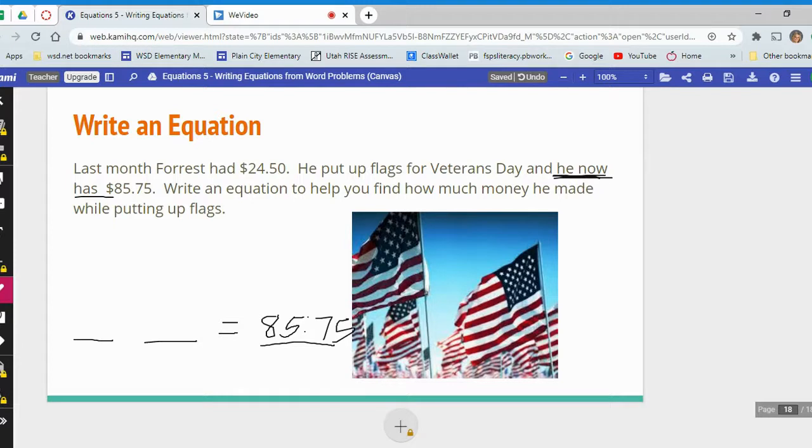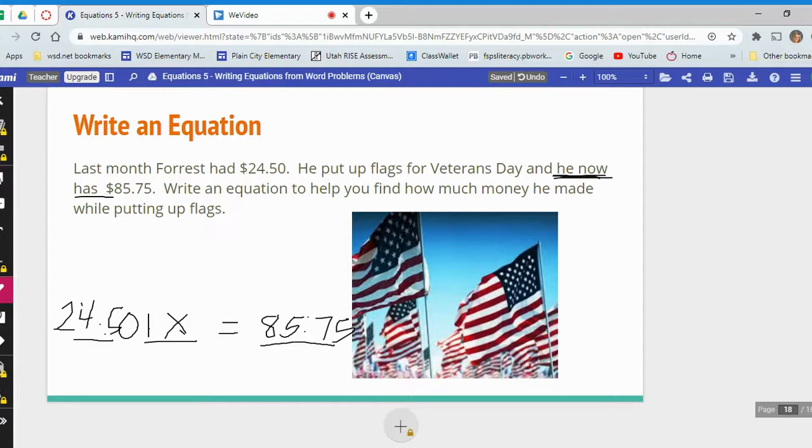Now, last month he had $24.50. So that's what he's starting with. He has $24.50. Sorry, it's not writing very well. $24.50. And he made some money, but we don't know how much he made. That's what they want us to find out. So what are we going to do with the money he had last month and the money he made to get his total?